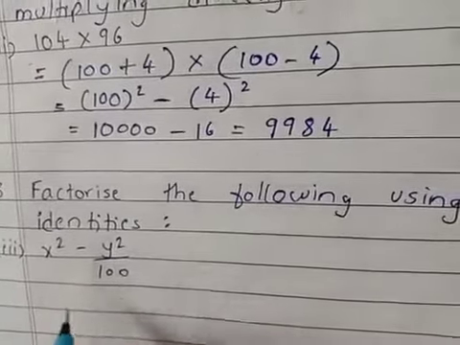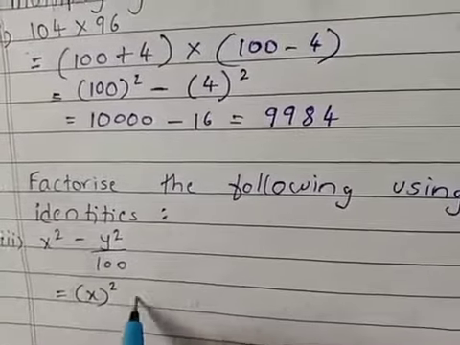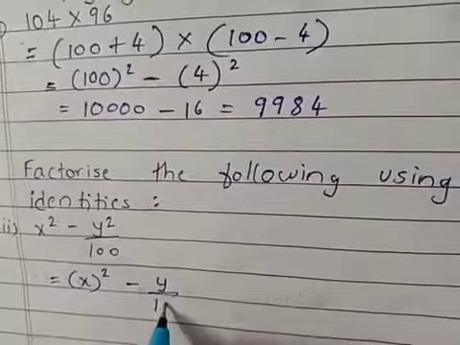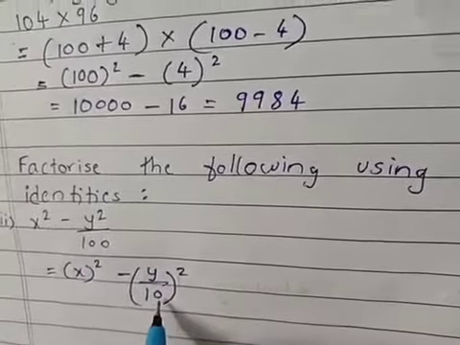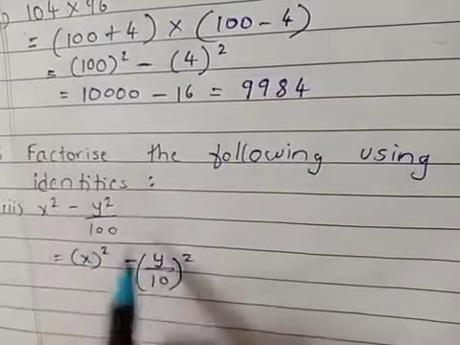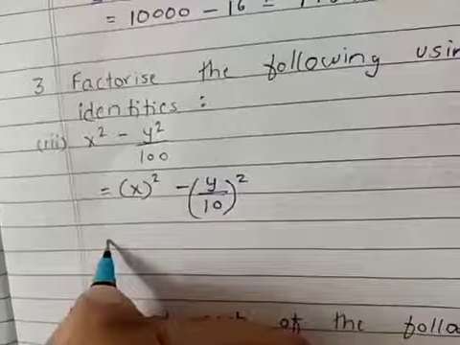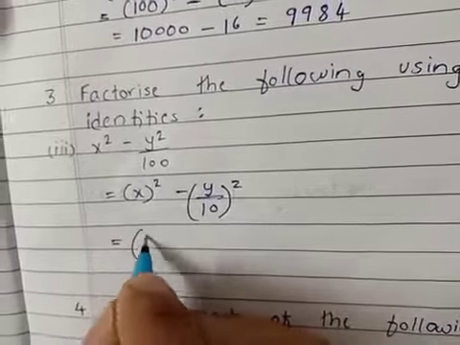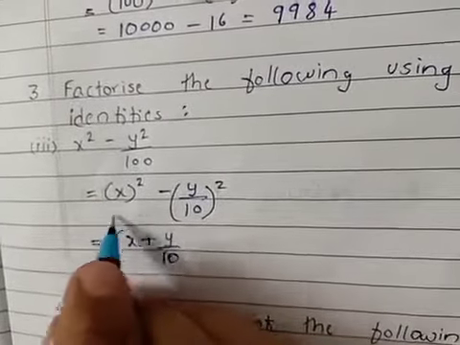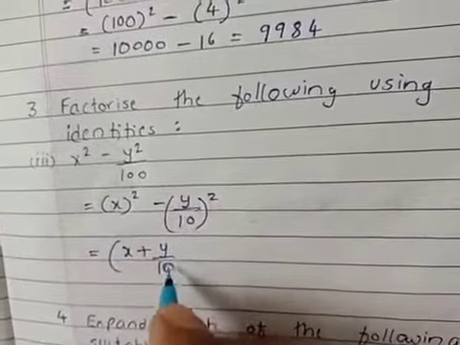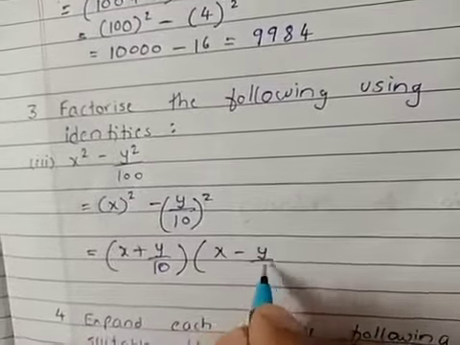So this you can write as x square minus y by 10 whole square, because square root of 100 is 10 and square root of y square is y, equal to a plus b into a minus b. What is a over here? x, and b is y by 10.